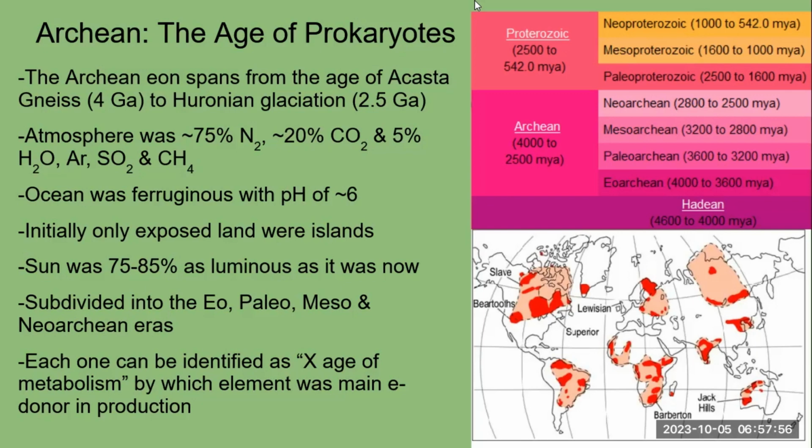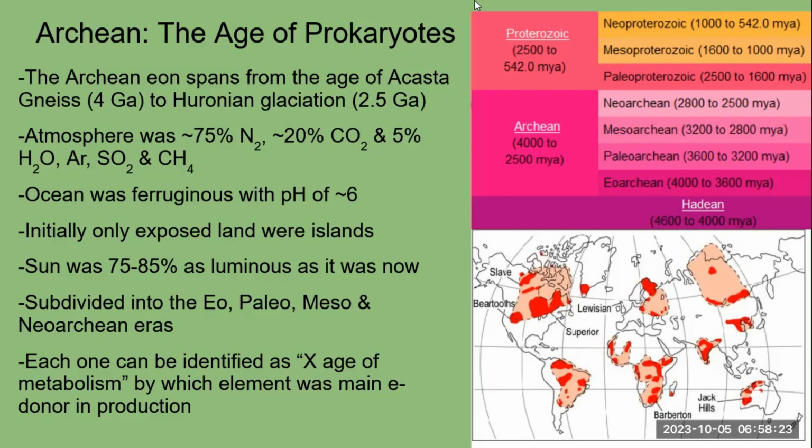The atmosphere was 75% nitrogen, 20% carbon dioxide, and 5% other gases such as water vapor, argon, sulfur dioxide, and methane. The oceans were salty, with most ions being sodium and chloride, but whereas sulfate is the third most abundant ion today, the oceans of the Archean were ferruginous, with high concentrations of iron 2 ions.